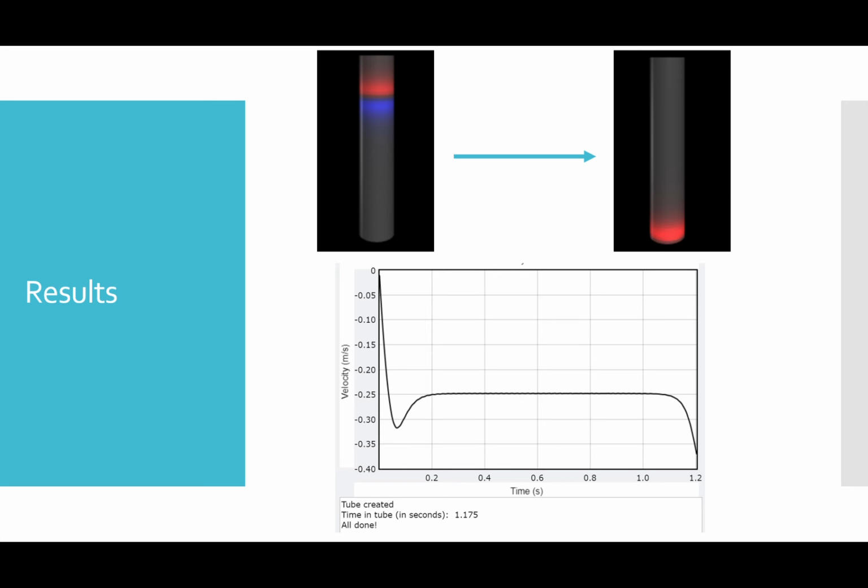Then the velocity dips again at the end of the graph, because it has exited the tube and is again gaining speed. The time in the tube was 1.175 seconds, which is very similar to our experimental data of 1.232 seconds.